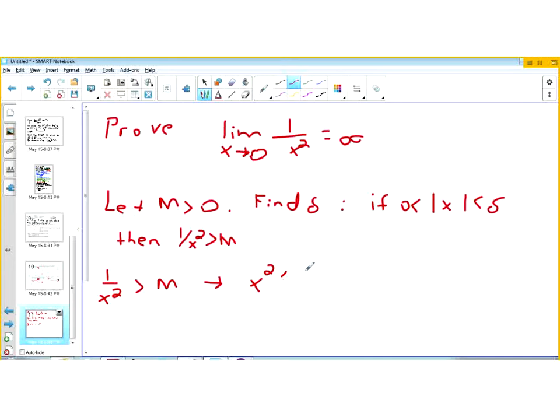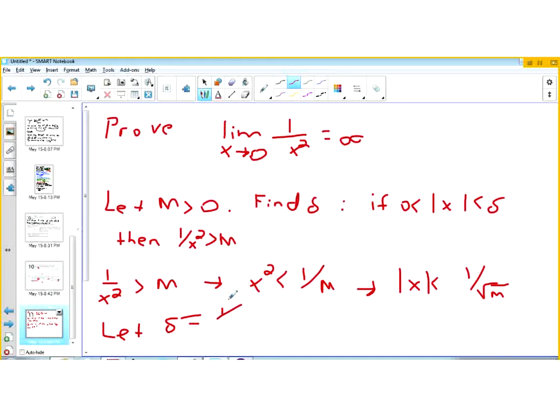Okay, all right, so can we find such a delta? So here's how we can. 1 over x squared greater than m. Since both quantities are positive, I can take the reciprocals of both sides, and so I have x squared is less than 1 over m. Then I can take the square roots of both sides, and remember the square root of something squared is the absolute value, so absolute value of x is less than 1 over the square root of m.